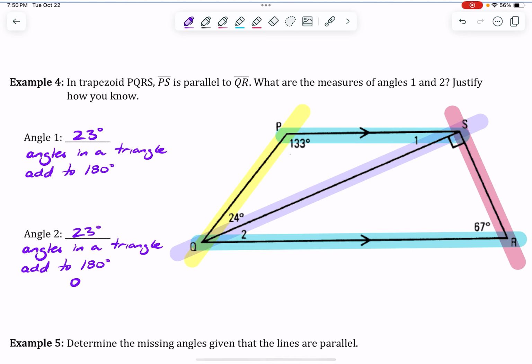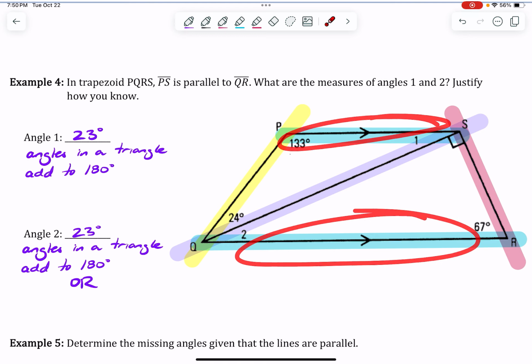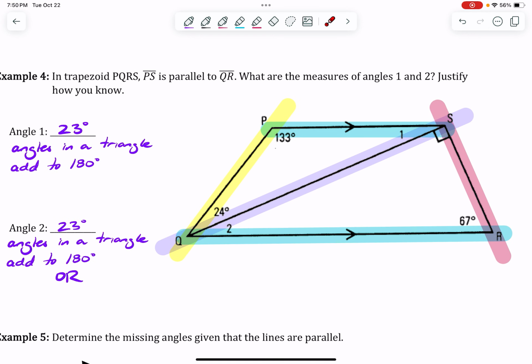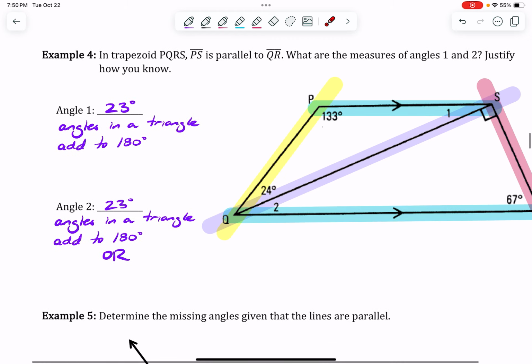It is worth noting, though, there's another way to get angle 2, and that's where these parallel lines come into play. Their relevance is that they give us alternate interior angles of parallel lines. So here's our parallel lines. Here's a transversal that goes through them, and that alternate interior property, that's kind of Z property, means that these 2 angles must be identical.